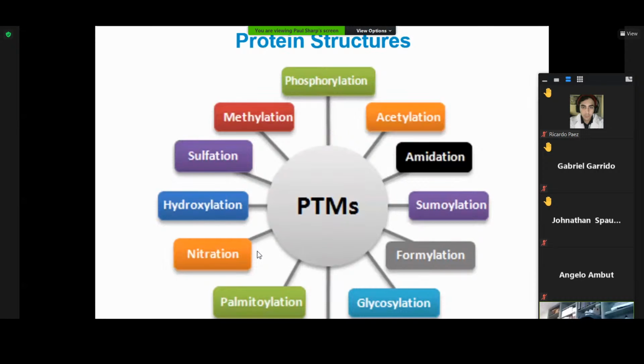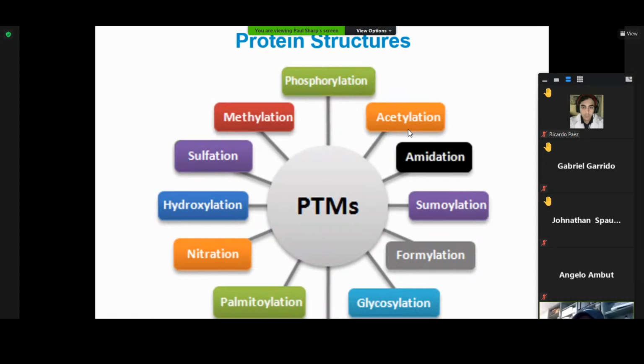So over here, this is like a for fun slide right here. And PTMs, post translational modifications, we said there's over 100. These are just some of the ones that you would most likely come across maybe in a paper or maybe in research. So phosphorylation, adding a phosphate group.